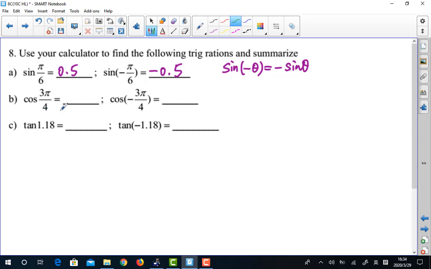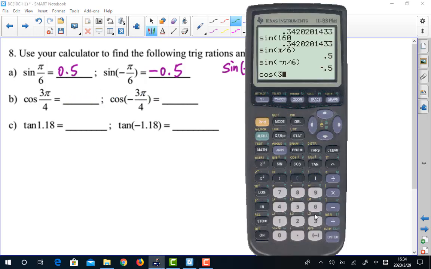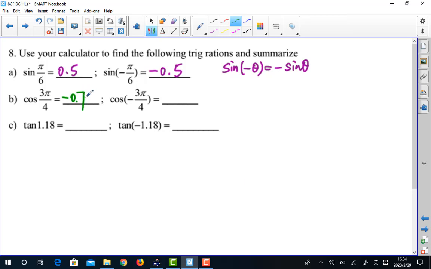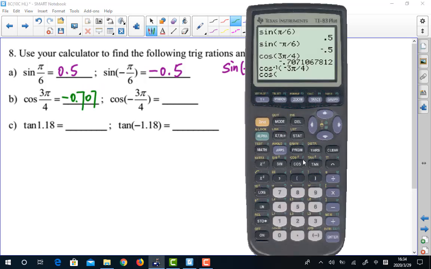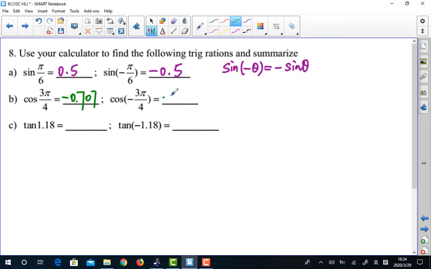We also can observe this example and discover the relationship between these two cosine ratios. Cosine 3 pi over 4 is negative 0.707. Cosine negative 3 pi over 4. We can see these two ratios are the same.